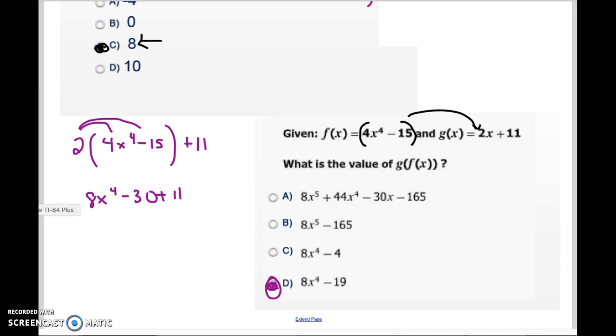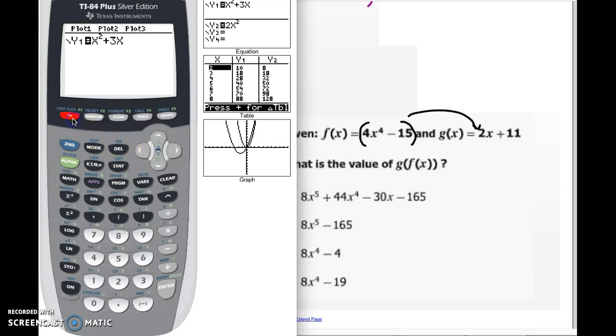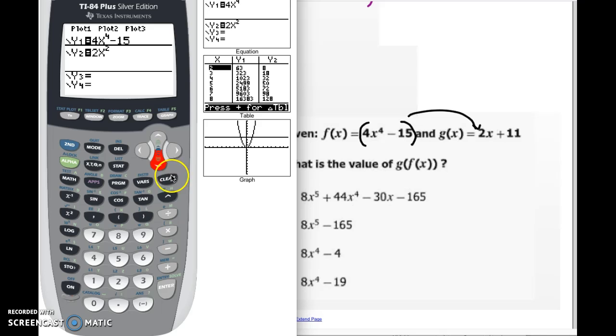So we're going to go back to y equals, and I'm going to enter in 4x to the 4th power minus 15. And I'm going to enter in 2x plus 11.